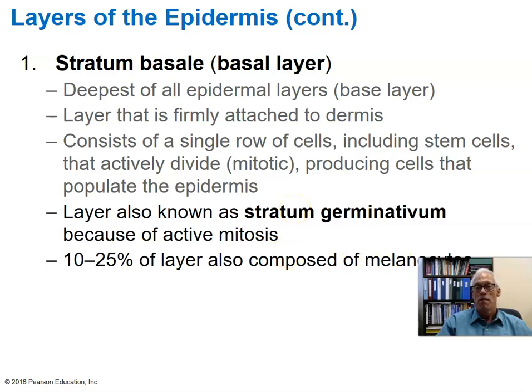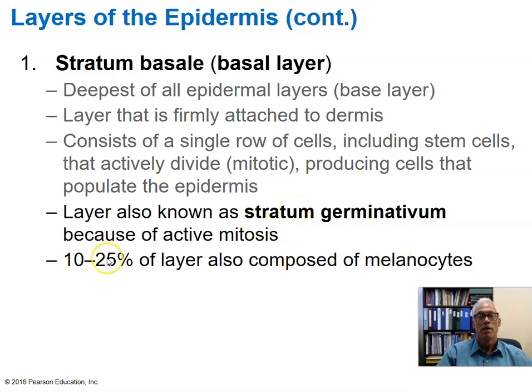Really nothing new here, probably, that we needed to jump back to this slide. 10 to 25% of the basal layer may be comprised of melanocytes, depending on how dark brown your skin is or how light white your skin is.